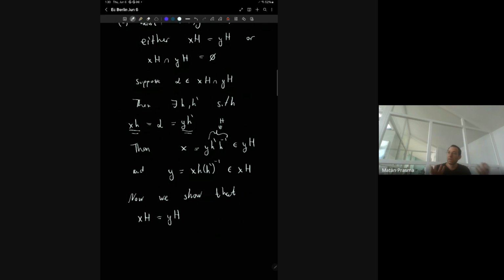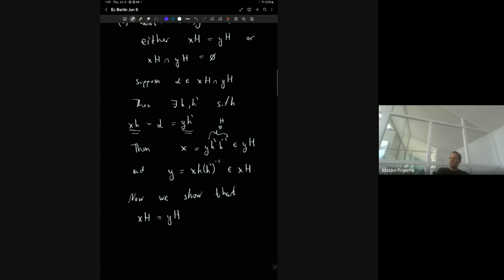So I just reformulated the claim that I need to prove. I mean, if I have one element, alpha, that is common to the two cosets, then they are equal. That's an equivalent claim to what we want. So I have this alpha, and I want to show that xH is equal to yH.